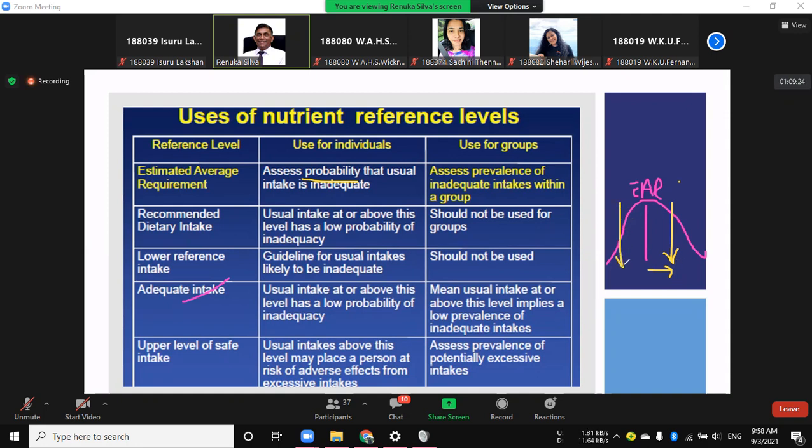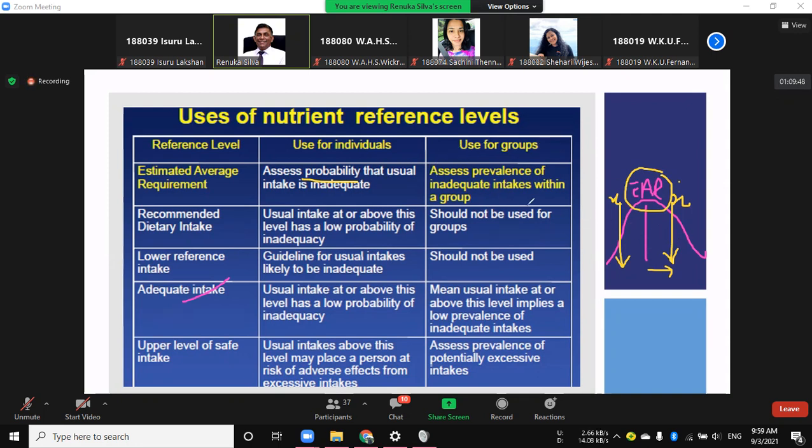But if your intake is here, then I would say that you have more chance of getting nutritional deficiencies. So here I can interpret your value compared to EAR for individuals.